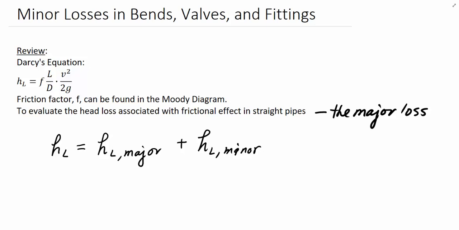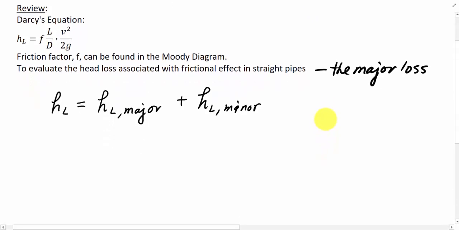There are two ways to calculate minor losses. The first one is for minor losses in bends and valves and fittings, where the equation is very similar to the Darcy's equation. So let me write it down for you, and I'm going to explain that later.